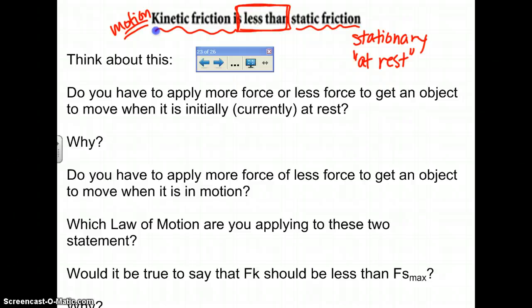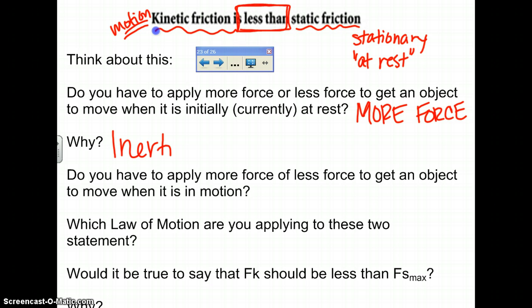So think about this. Do you have to apply more force or less force to get an object to move when it's initially at rest? You have to apply more force. What is the one-word answer that you can give me on why? That one-word answer should be because of inertia, Miss Arter.